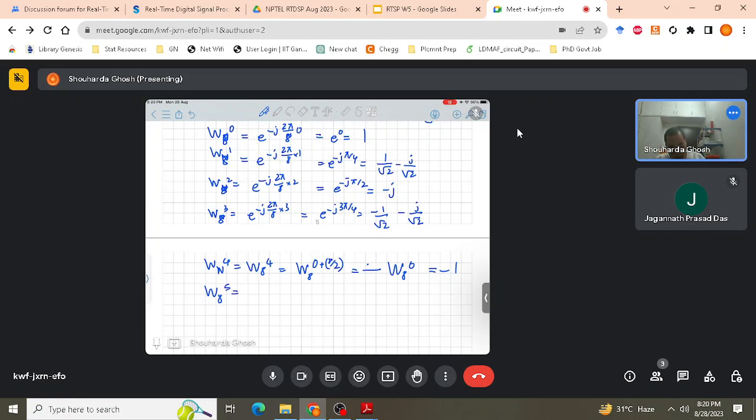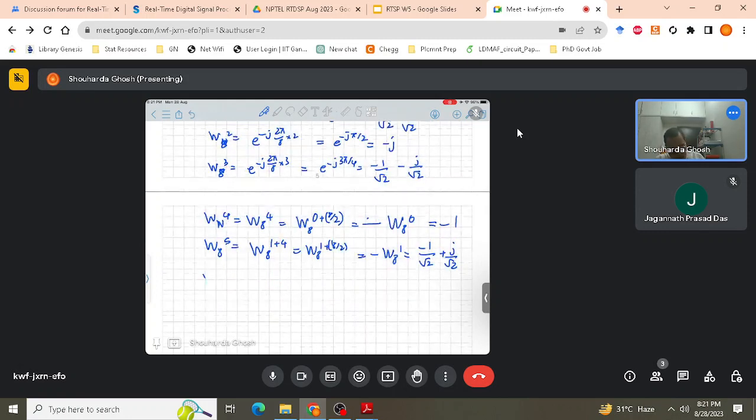W8 of 5 is W8 of 1 plus 4. This is W8 of 1 plus 8 upon 2 minus W8 of 1. Negative of W8 of 1 is minus 1 upon root 2 plus j upon root 2. W8 of 6 is W8 of 2 plus 4, which is W8 of 2 plus 8 upon 2 minus W8 of 2, and what is it?